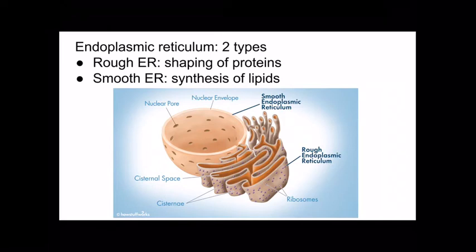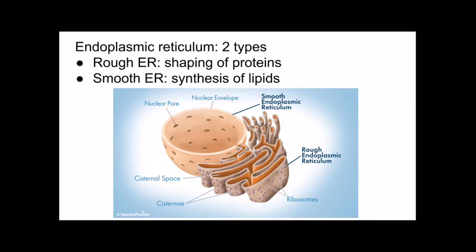A sarcoplasmic reticulum is a variation on this endoplasmic reticulum theme, but it stores a specific substance in a muscle cell. So endoplasmic reticula can be used for storage as well, but they'd be specialized in special differentiated cells. Okay, what's next?